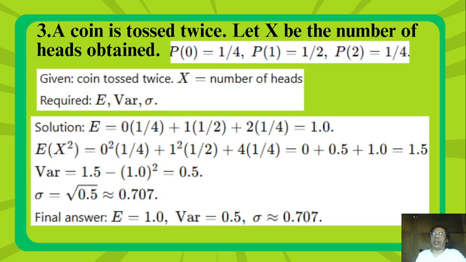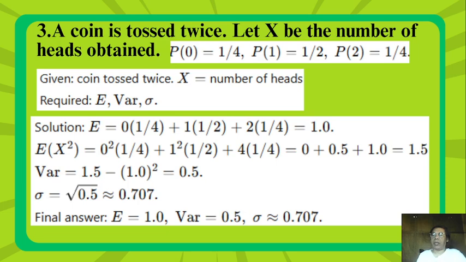So we're given a coin tossed twice, and our x is the number of heads. We need to find the expected value of the number of heads, then the variance, and then the sigma.